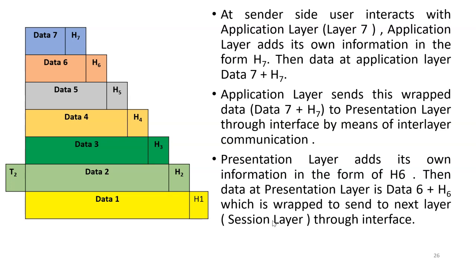Then the next layer, that is layer number 6, the presentation layer, adds its own information in the form of header 6, that is H6, and then data at the presentation layer is data 6 plus header 6, which is wrapped and sent to the next layer through the interface, and the next layer is the session layer, that is layer number 5.